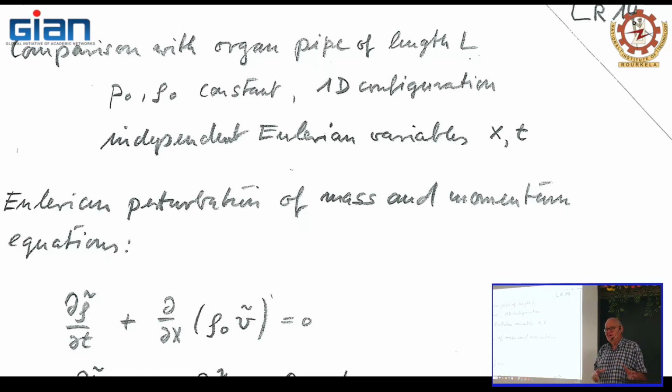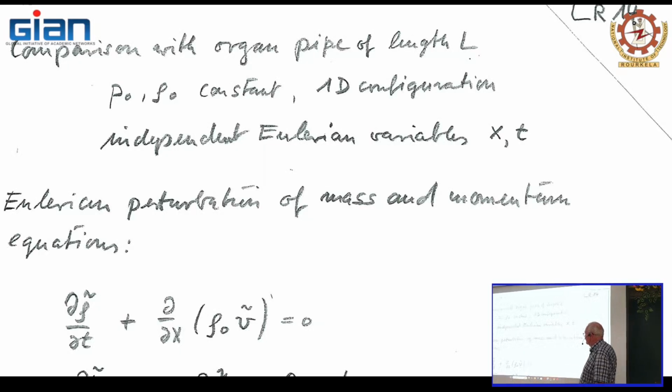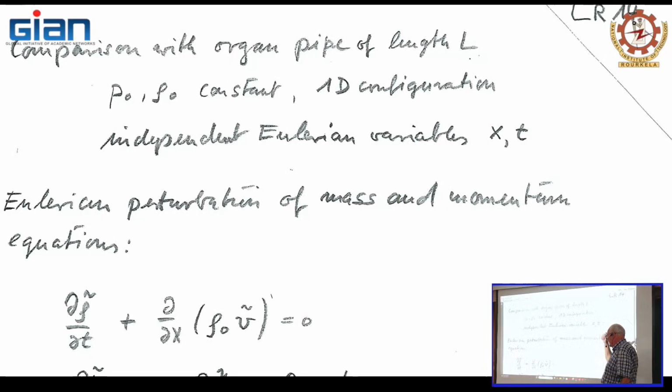It is similar to the star. It's a one-dimensional acoustic configuration. Our star is a one-dimensional configuration. The organ pipe is also a one-dimensional acoustic configuration. We choose independent Eulerian variables x and t. X is going along the length of the organ pipe, and time t, of course, is the second parameter.